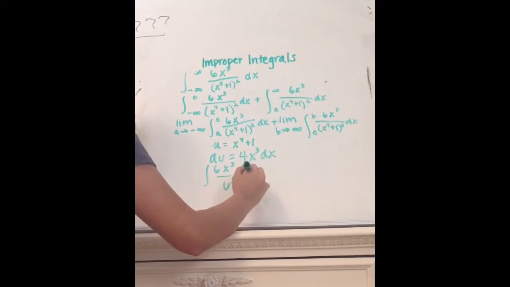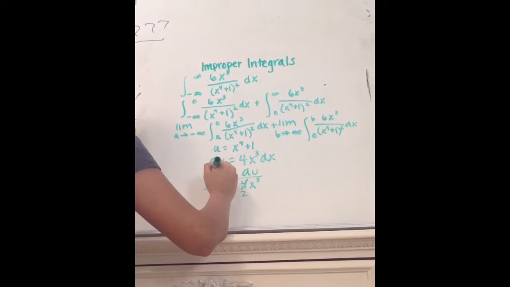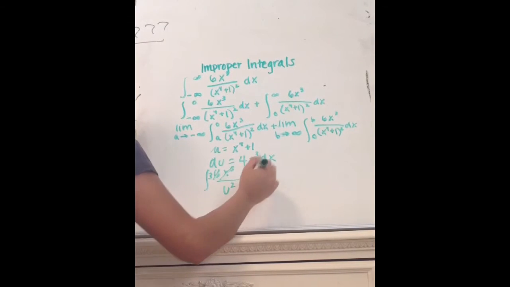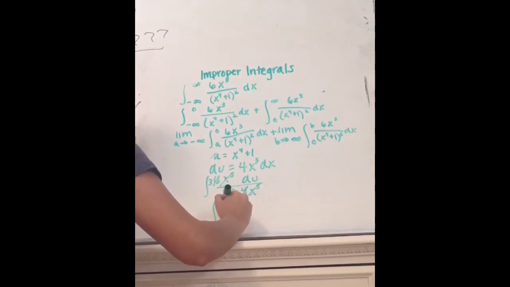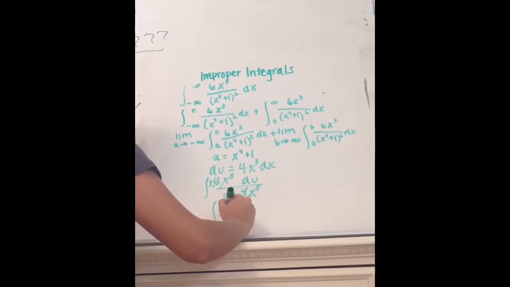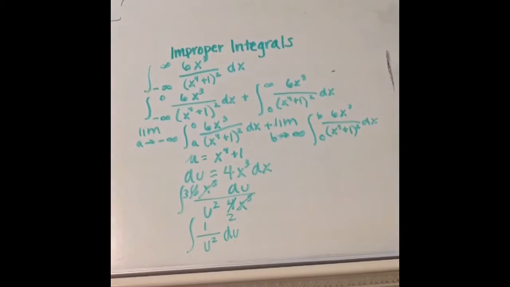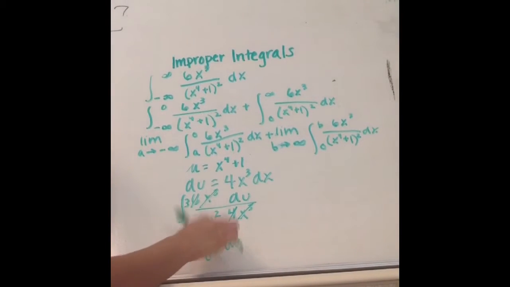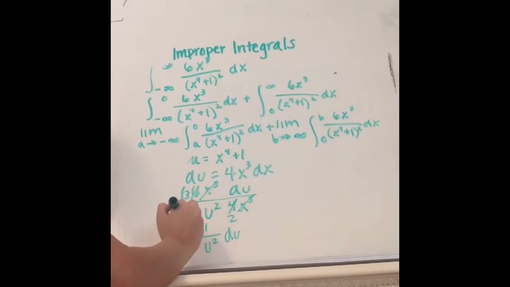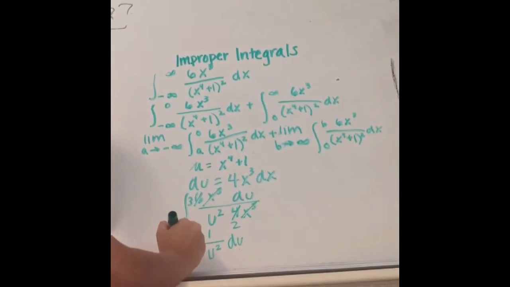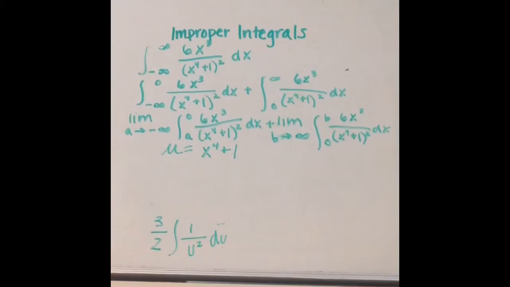So the x to the third terms cancel out, and we're left with the integral of 1 over u squared du. And we have 3 over 2, so we could pull that constant out. So this is our integral.